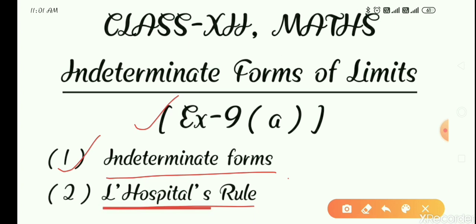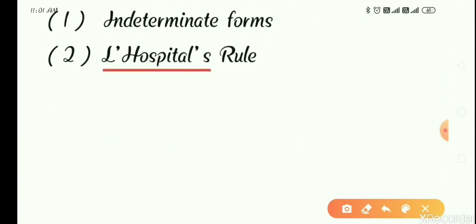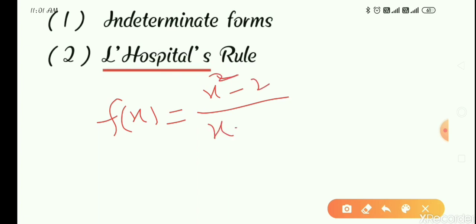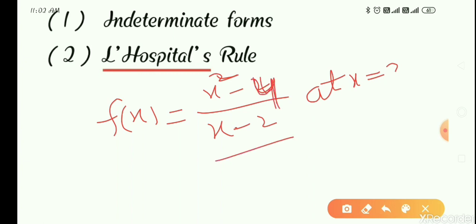First of all, I will explain indeterminate forms. What are indeterminate forms? In class 11th also I told you, suppose you have f(x) equals (x square minus 4) upon (x minus 2), and I ask you to find its value at x equals 2.